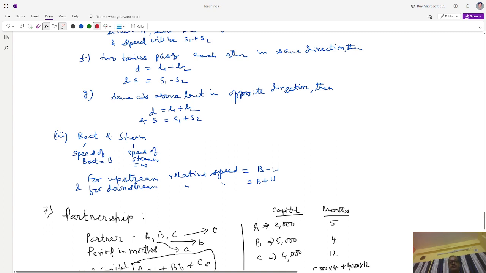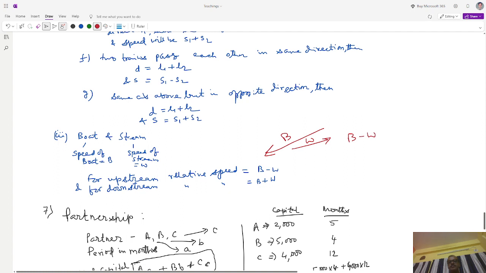Like here, the stream flows in this direction and the boat direction is opposite, so the relative speed will be like that.